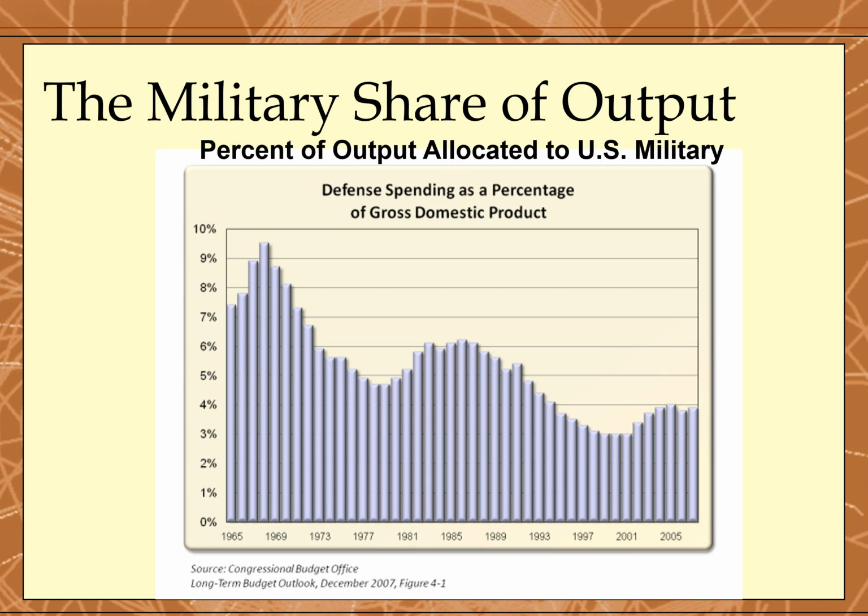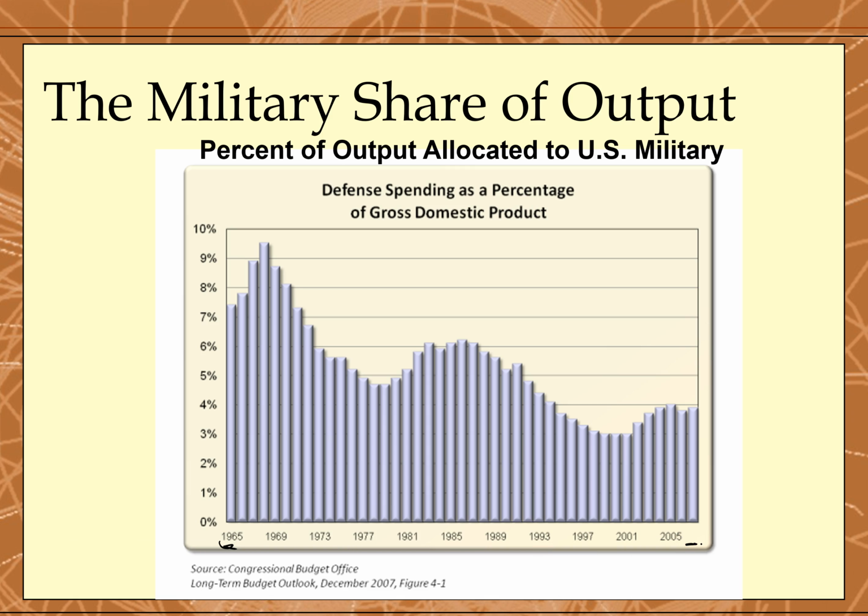Now, the United States has changed in terms of its opportunity cost when it comes to military spending over time. Look at this graph. It starts from 1965 and goes to about 2005.